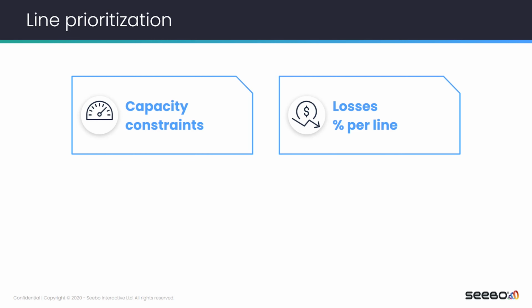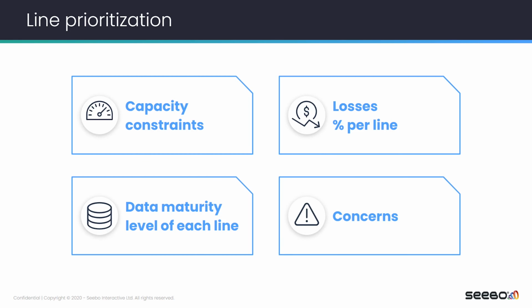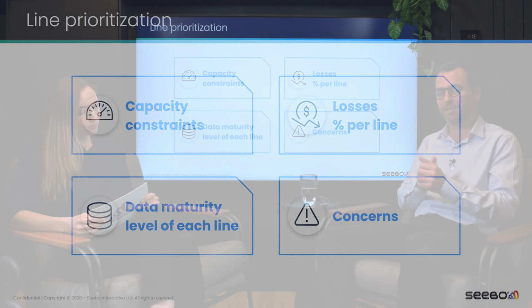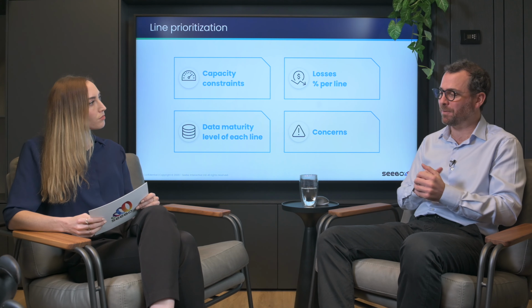How much money can we generate, theoretically? Then the data maturity level: how far is this production line from being able to provide good data to an analysis tool? And eventually, map your concerns. There are many different concerns, from the quality of the team and the political structure in your organization to the priority of this business among the big picture. So create this table and create the map.